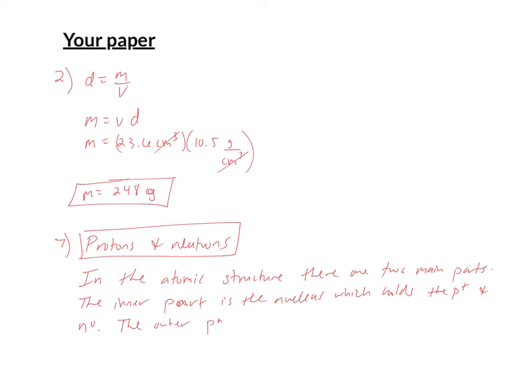The outer part is the electron cloud, which holds the electrons. So that would be justification as to where you got the information that protons and neutrons.